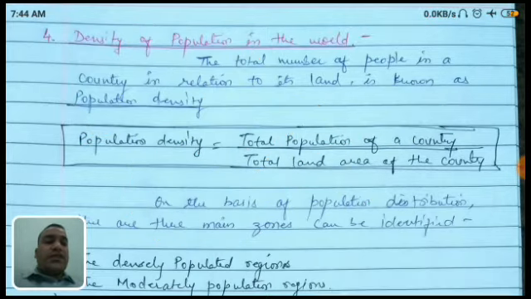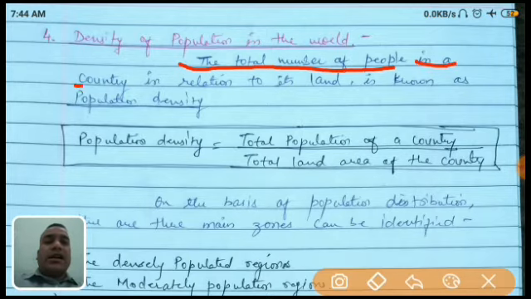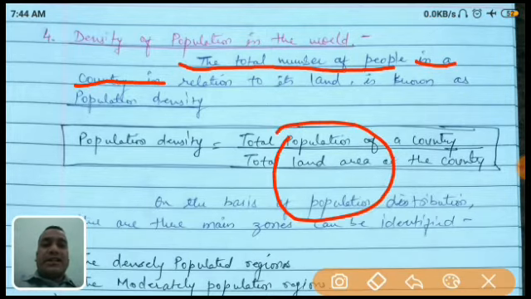Now see, first of all, the density of population. What is the definition? The total number of people in a country. In a country means a particular area, either a country or a state. What we are measuring is the area. If we are considering the country, then the country is the area.